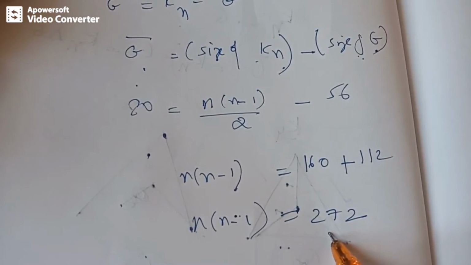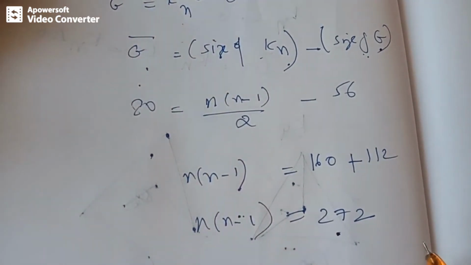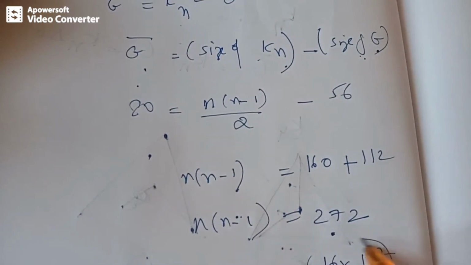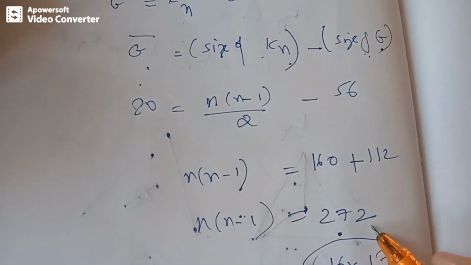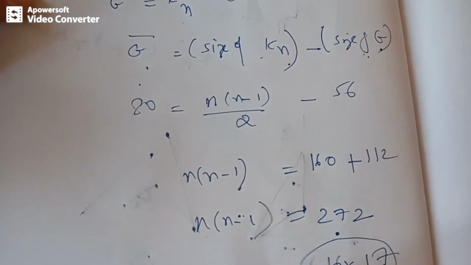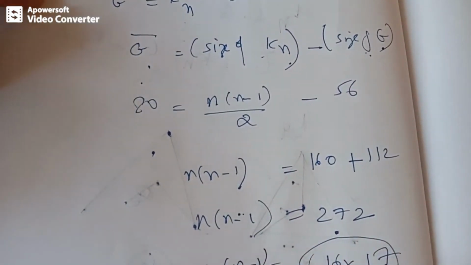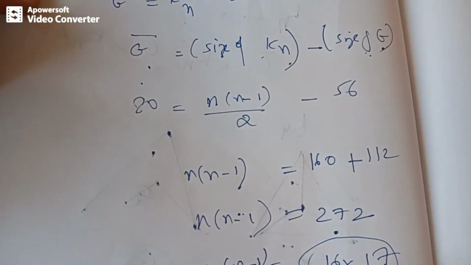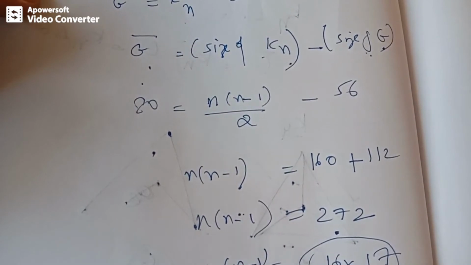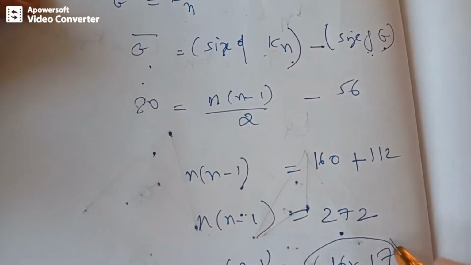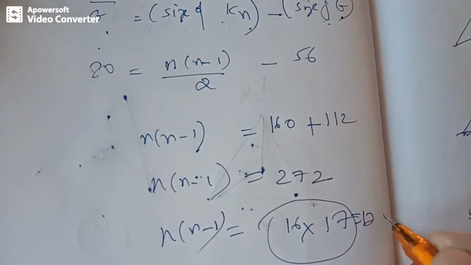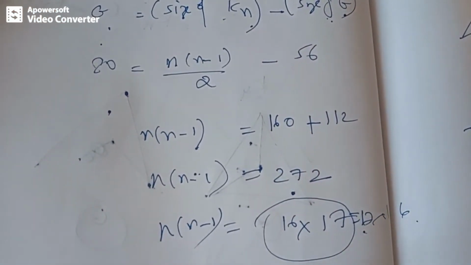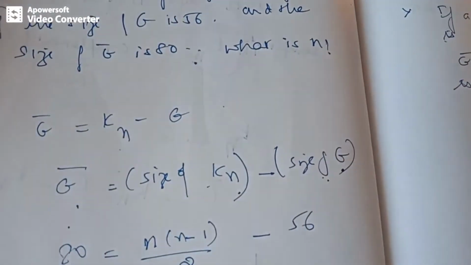This is nothing but 16 into 17. These two terms give the value 272, and therefore the value of n is 17. You can write this in reverse as 17 into 16. So the value of n is 17, and that is what we had to find out.